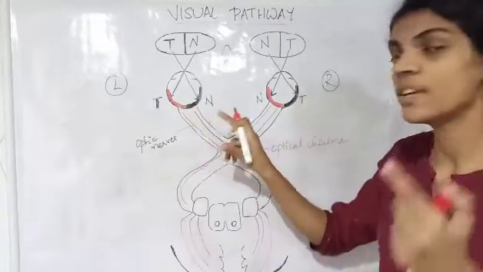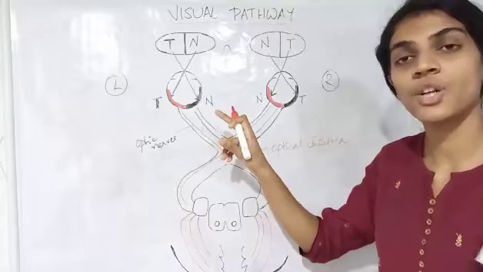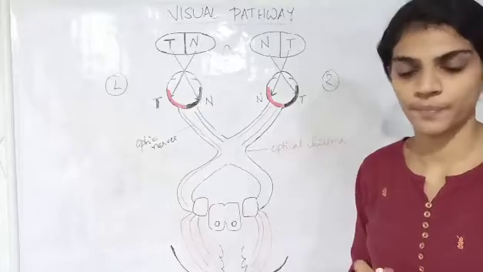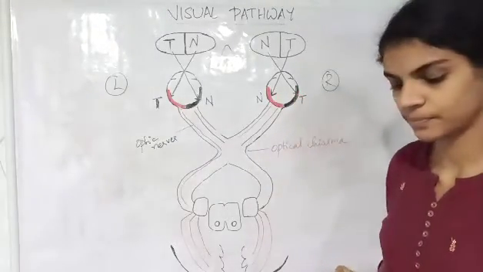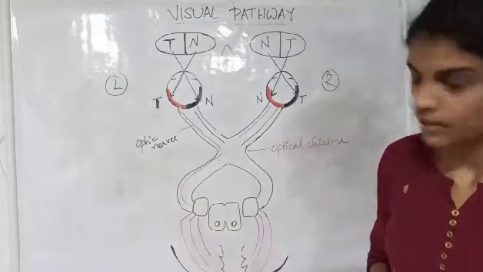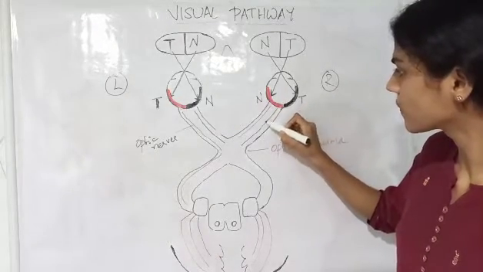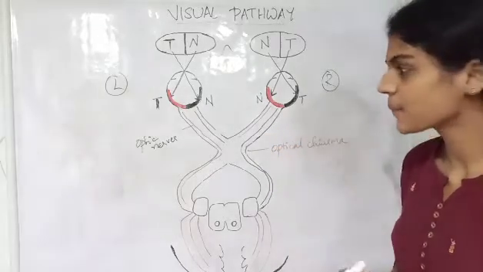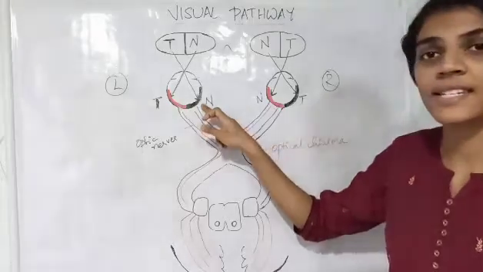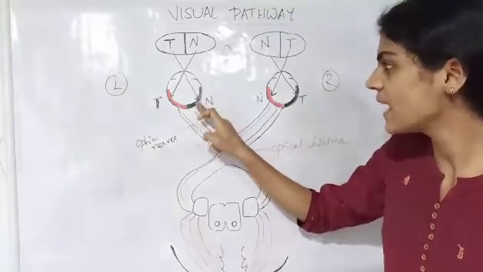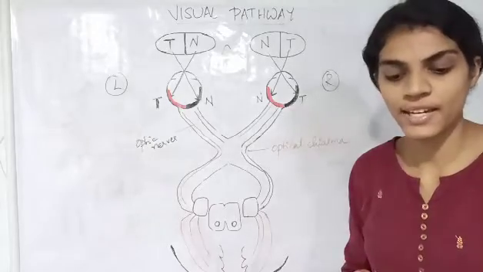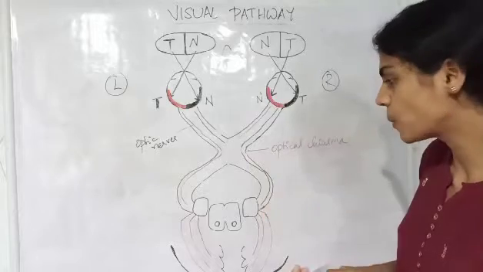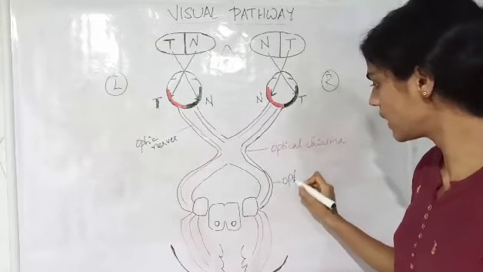And we can see which nerves are not crossing. The temporal nerve fibers do not cross, and here also the temporal one does not cross. But the nasal retinal nerve fibers, what happens to those? They will cross, and this tract is known as the optic tract.